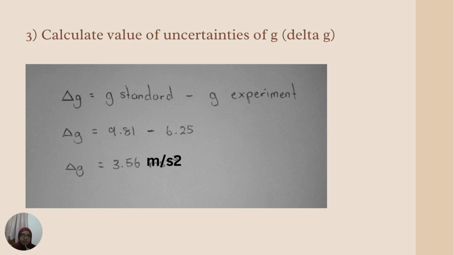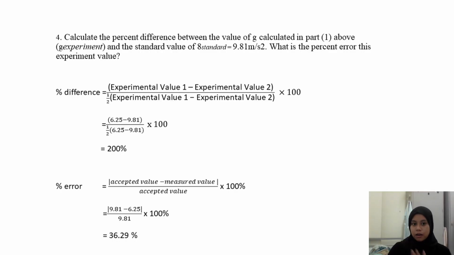Analysis number 4. Calculate the percent difference between the value of g calculated in part 1, g experiment, and the standard value, g standard, which is 9.81 meter per second square. What is the percent error of this experiment value?